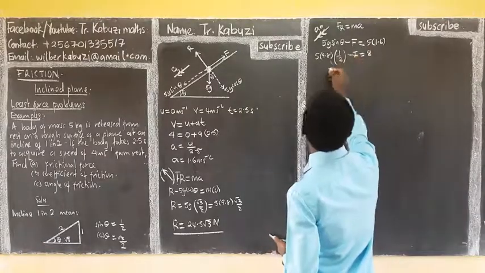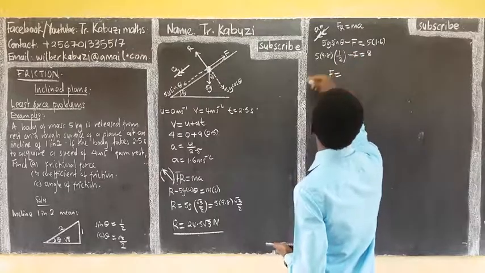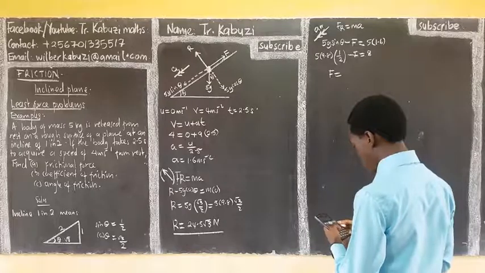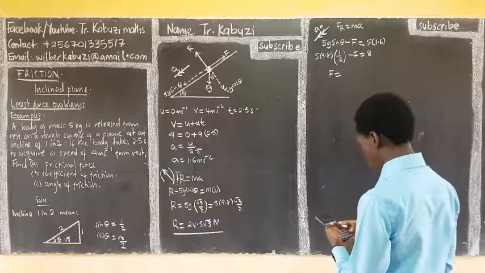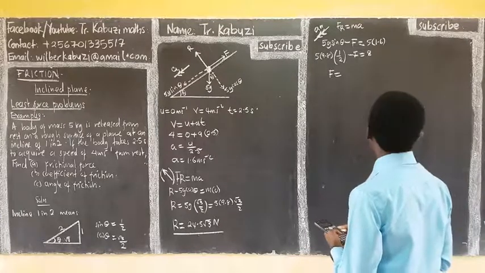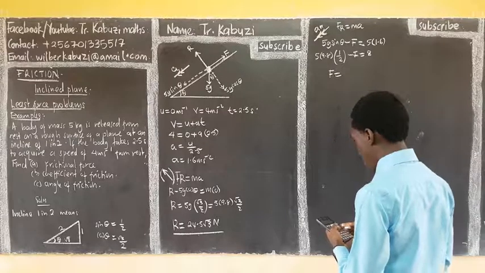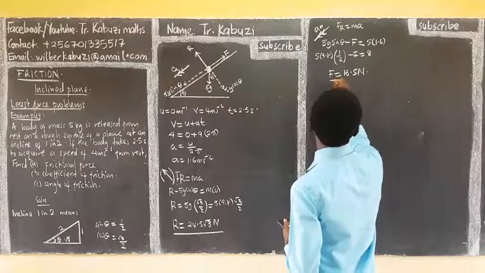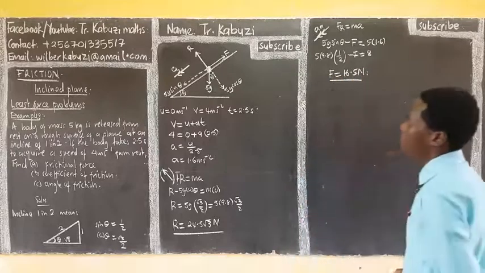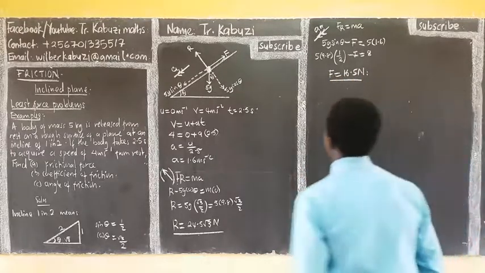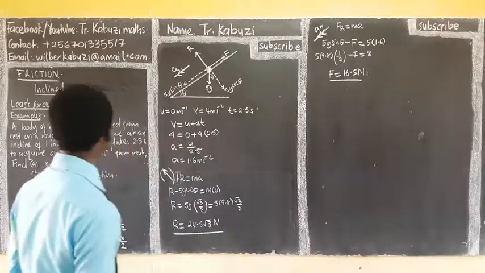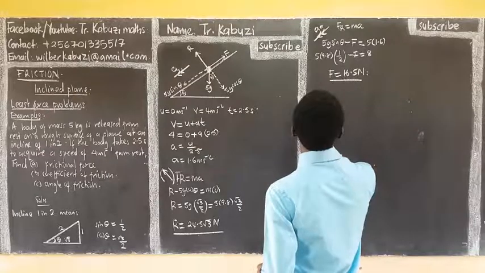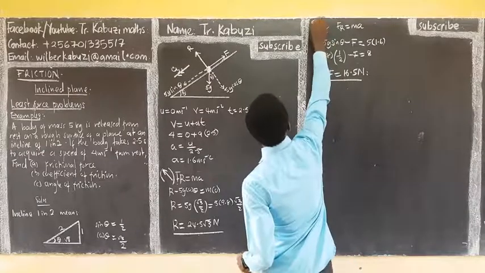So when you simplify that, my F will be 16.5 newtons. So that is our frictional force. This is part A, so we got part A.